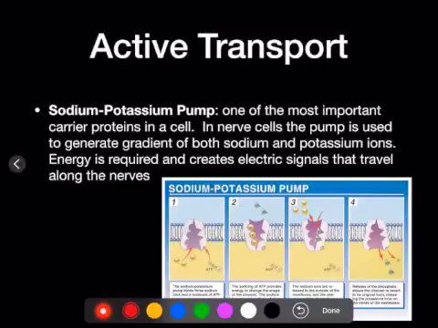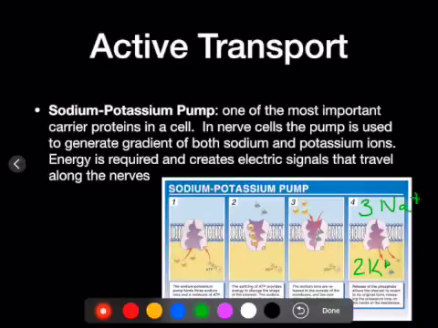And we do this, okay, so if you look down here, we have 3 sodium molecules, and they bind to this carrier protein. ATP attaches, it changes its shape, okay, and what that does is then the sodium is released and 2 potassium ions come in, okay. So as a net gain, we get 2 potassium ions on the inside and 3 sodiums on the outside.